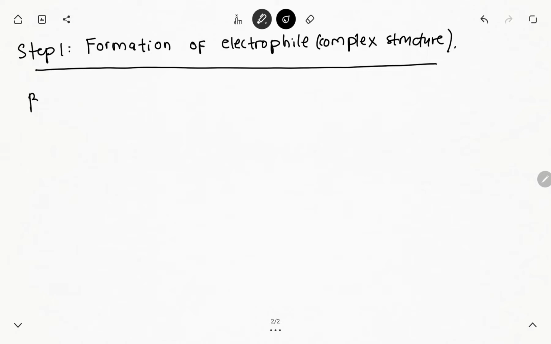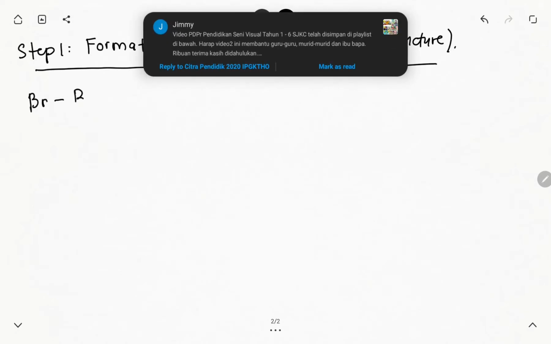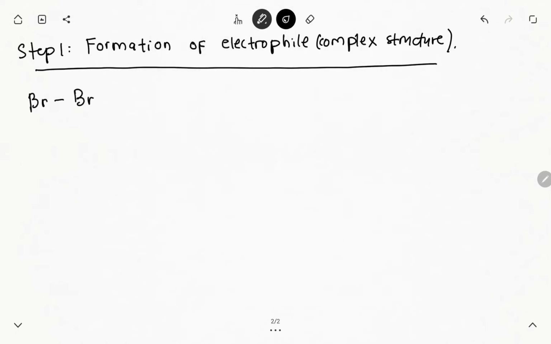So it involves the bromine molecule. Each bromine atom has 3 lone pairs in the Lewis structure, and it must react with our Lewis acid, which is FeBr3. So what happened in the process?